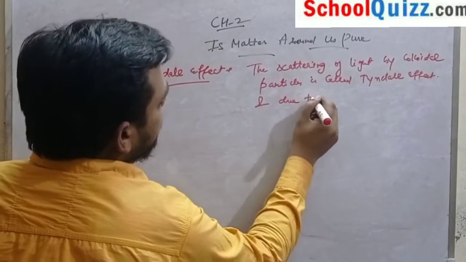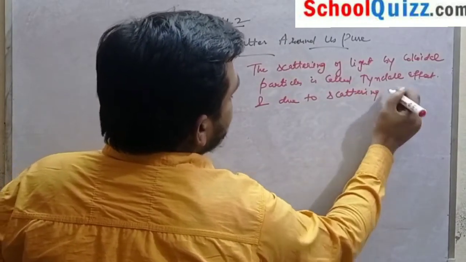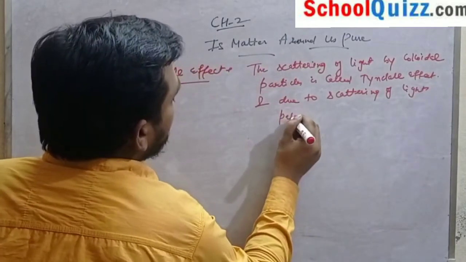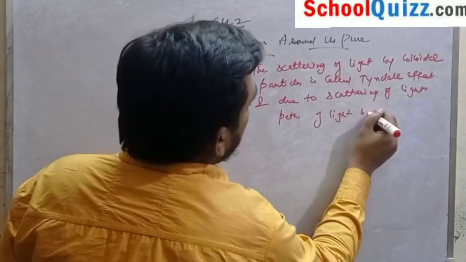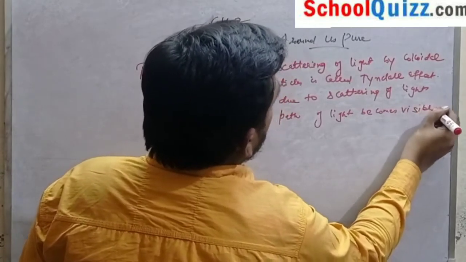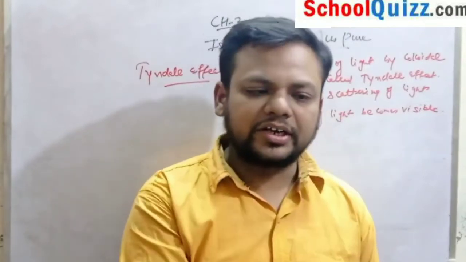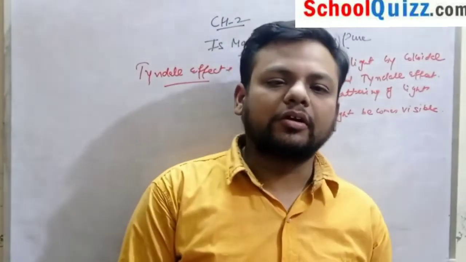Due to scattering of light, the path of light becomes visible. That is our Tyndall effect. Tyndall effect is nothing but just a scattering of light by the colloidal particles.